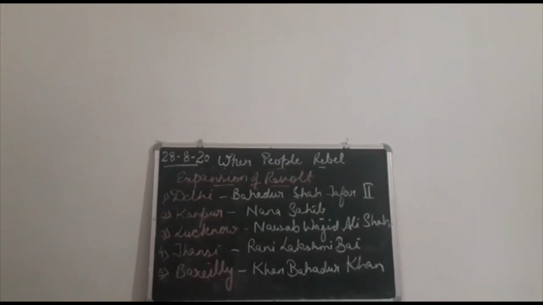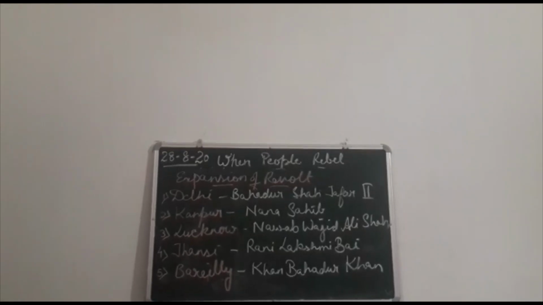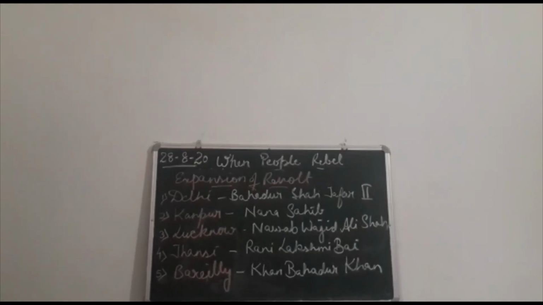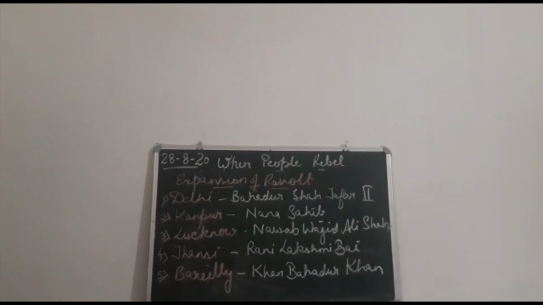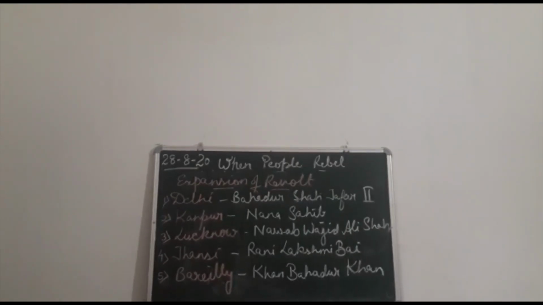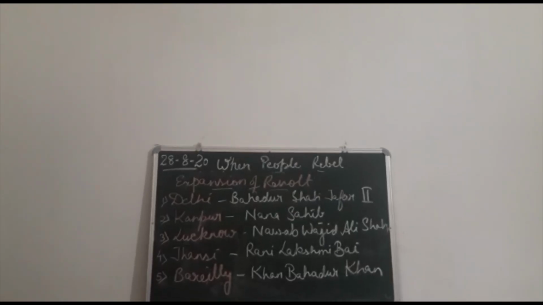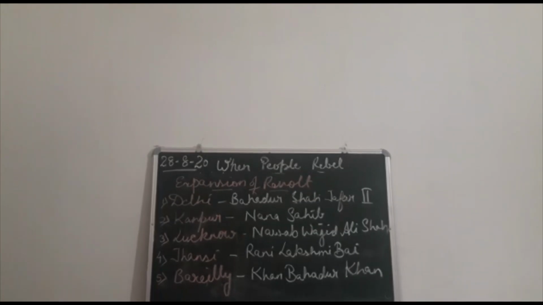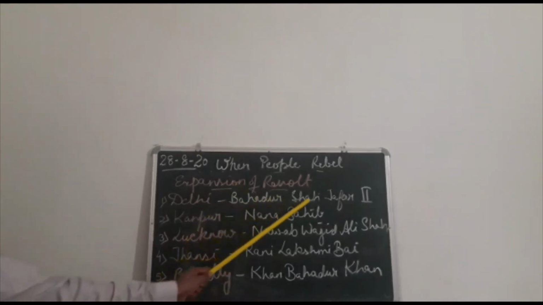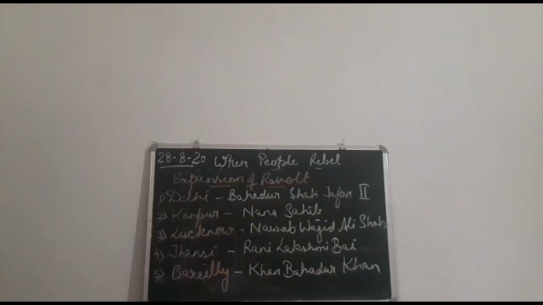On 11th May, the sepoys from Meerut crossed the Yamuna by boats and marched to the Red Fort. Here they were joined by the infantry. The rebels captured Delhi and declared the Mughal ruler Bahadur Shah Zafar II as their leader.